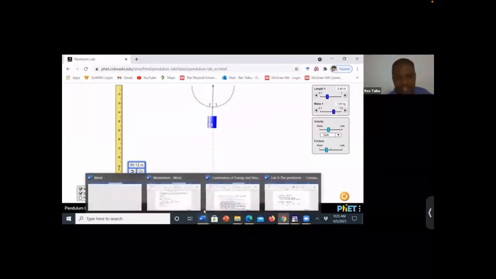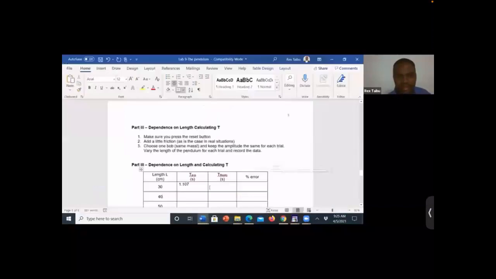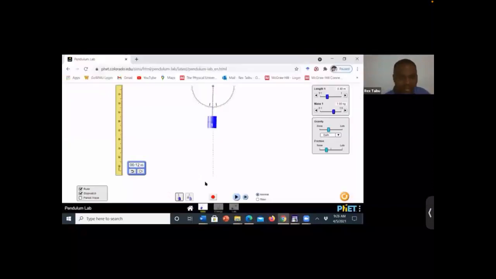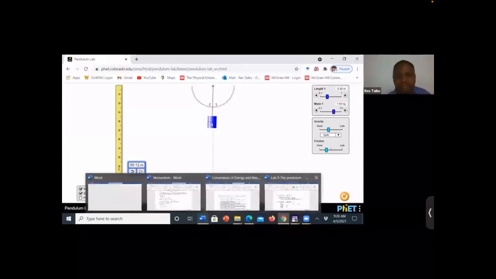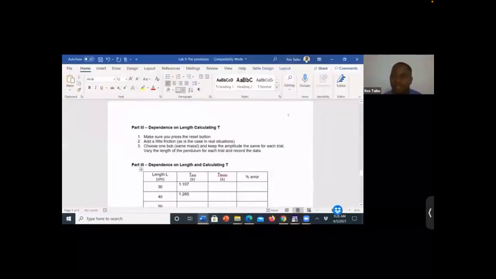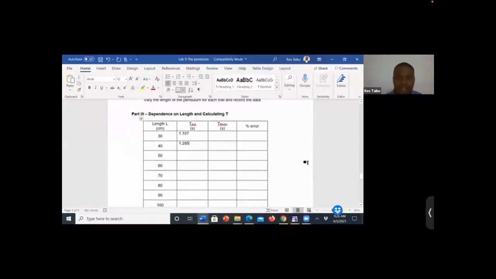You're going to record that right here. Remember to divide by 10. Let's check again. We got 12.85. If you divide by 10, it'll be 1.285. Okay, all right. So that's how you collect the data.